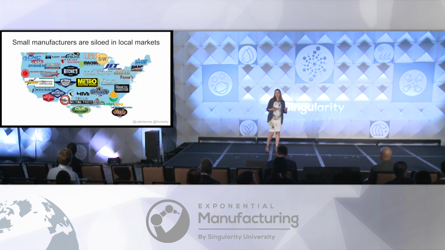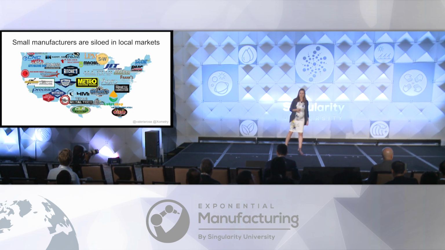They assume you want a local business, right? So these businesses are only connecting with local engineers, local engineering companies, and they may even be beholden to the industry that is dominant in their region. So if you're in West Virginia and the coal business is suffering, then you may be suffering as well.